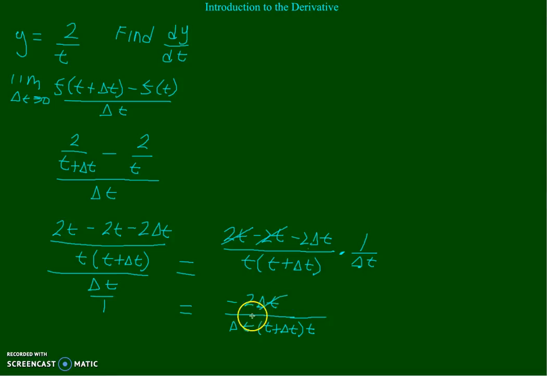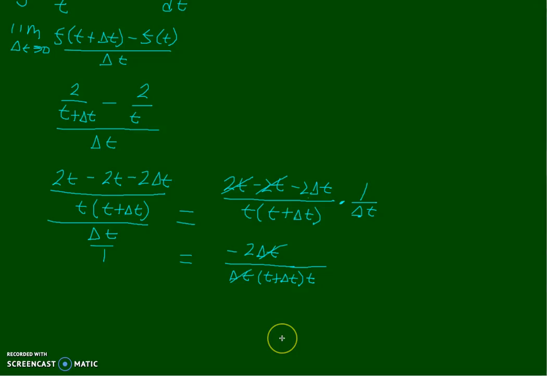These delta t's will cancel out, and what we have at the end is negative 2 over t times t plus delta t. Now this is what we'll take our limit of.